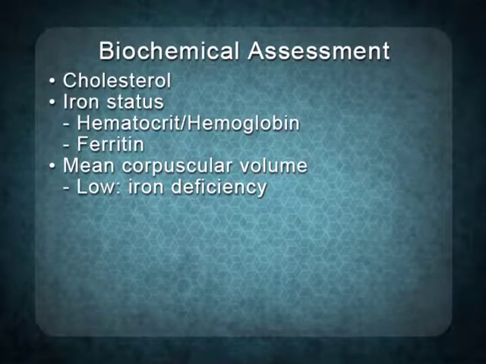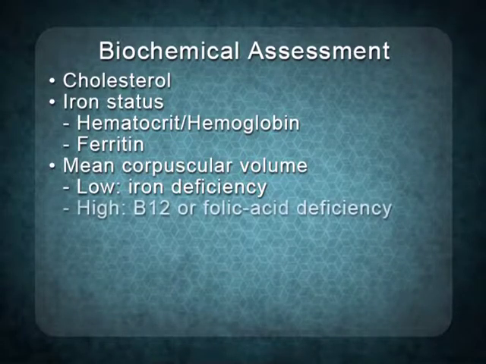The mean corpuscular volume means the size of the red blood cell. If you have small red blood cells, chances are you have an iron deficiency. If your red blood cells are large, it means that you might have a deficiency of B12 or folic acid.